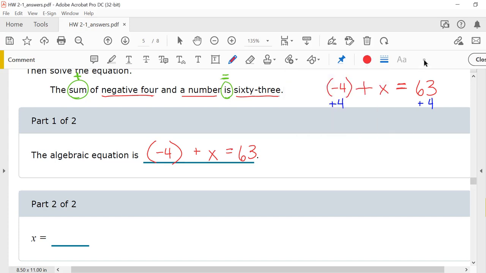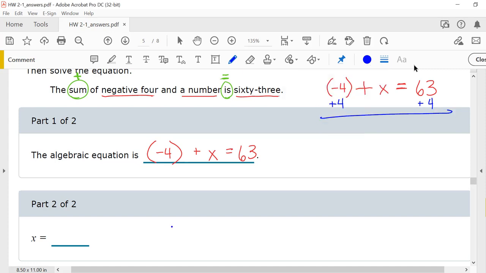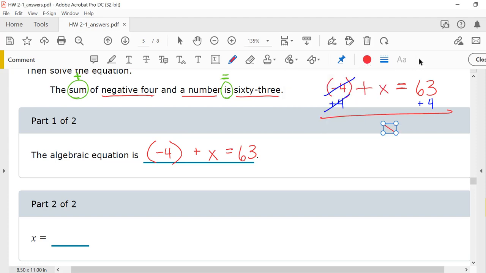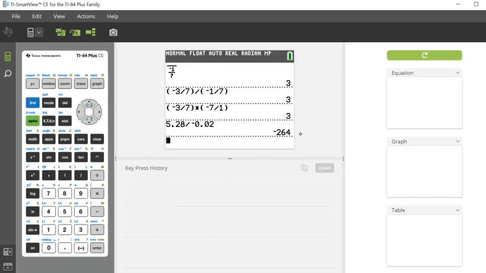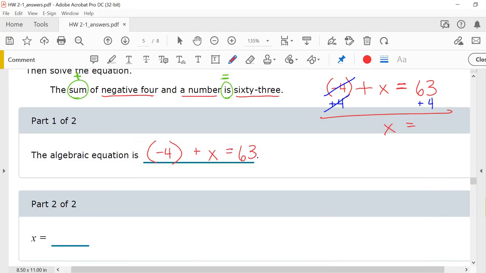When I do that, -4 plus 4 is 0. So now I have x equals 63 plus 4 is 67.